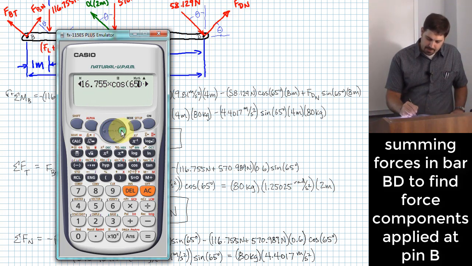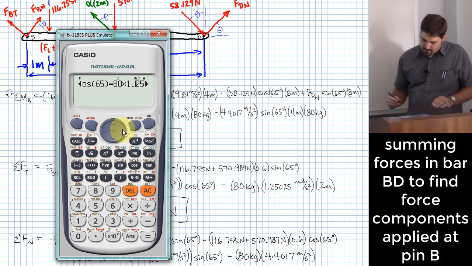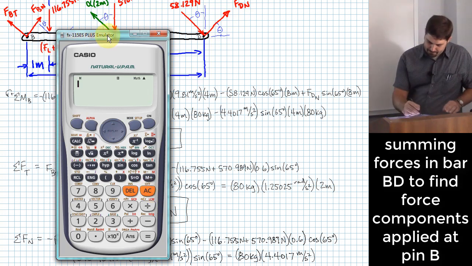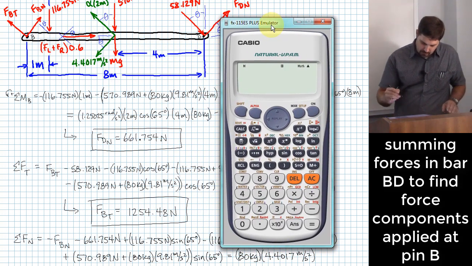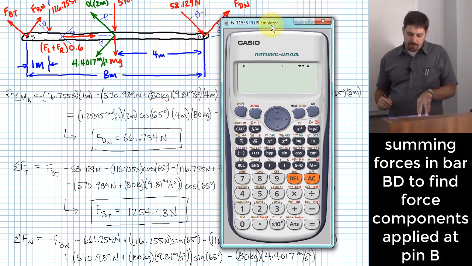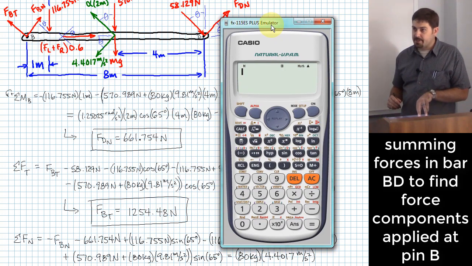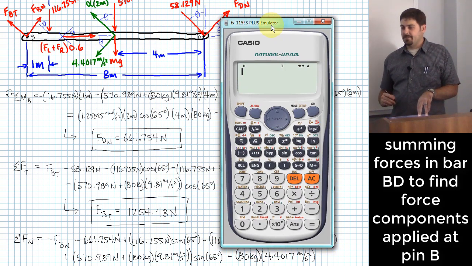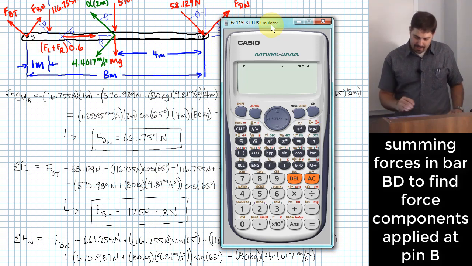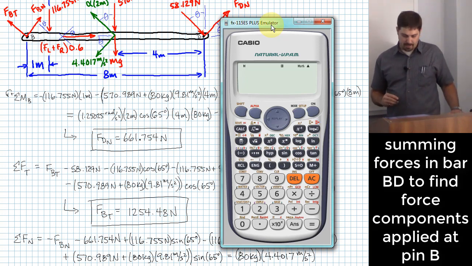I just want to check on something here real quick and make sure I have all my terms in that I wanted to. I do not need the 58.129 newtons because it acts entirely in the tangential direction, right? What took the place of that was the FDN, right?